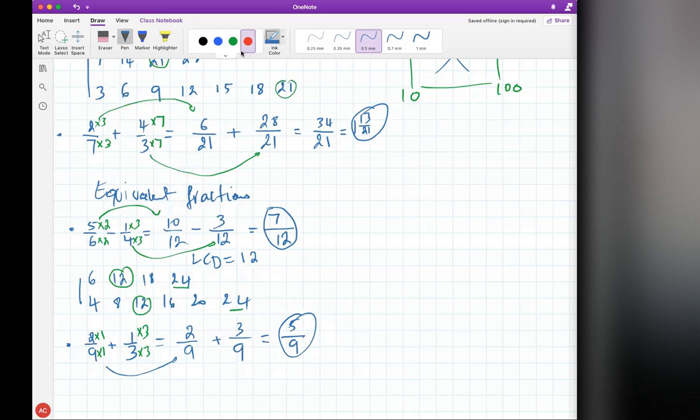And the quickest way, or the first thing you want to try, is always see if one goes into the other. So 9, we could say 9 is the LCD because 3 goes into 9 evenly.